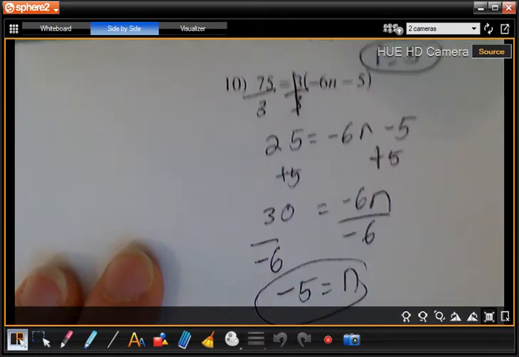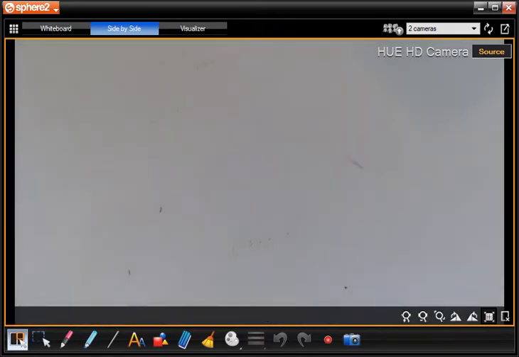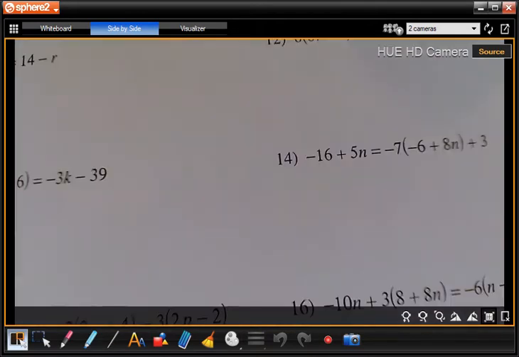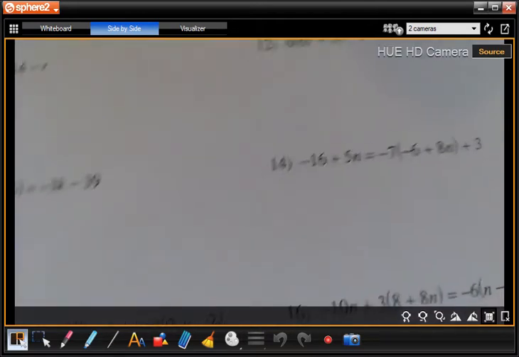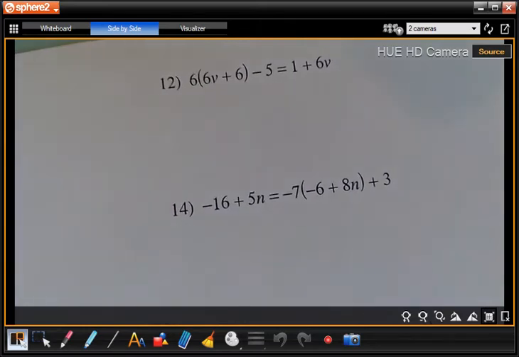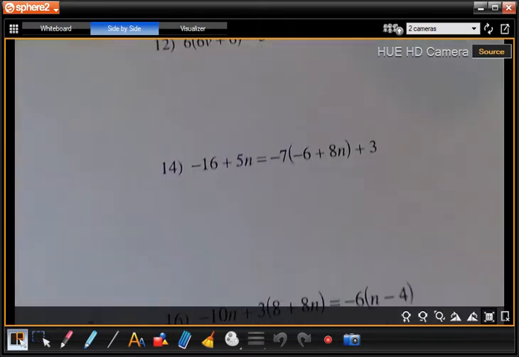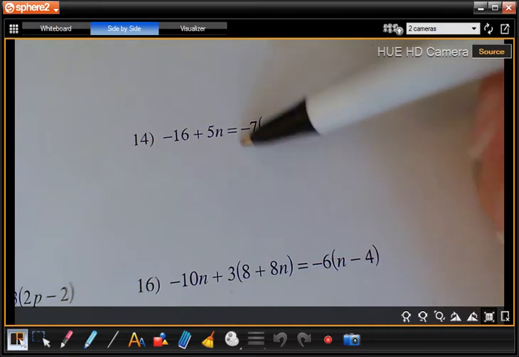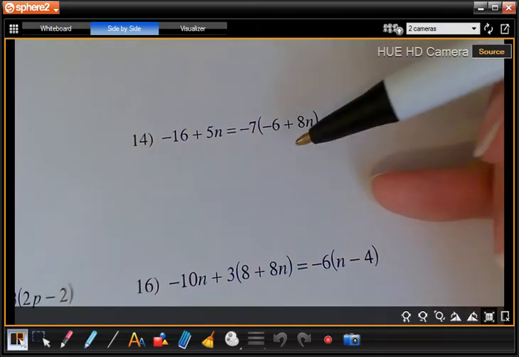Okay, we're going to look at this next page, and we're going to do some more complicated ones. We've done ones like the previous ones before. Now we're going to do ones that are multiple steps. So we're going to look right here at number 14. I do have this distribution here, and you can again do this one of two ways.